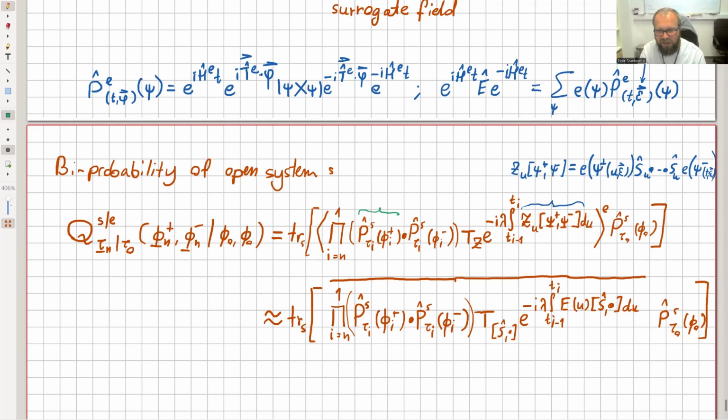So maybe first the coordinate tau_i, the space-time coordinate t_i, phi_i.